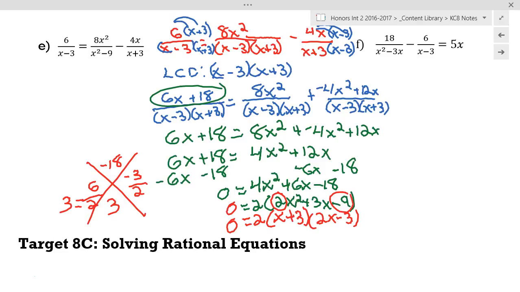Once I do that, it's just like switching from zeros to factors. I'm just changing the sign. So x equals, right, if it's x plus 3, x equals negative 3. If it's 2x minus 3, or negative 3 halves, I have to change the sign. It's 3 halves. Okay? So really you can just go even from here and go, okay, I know I just have to change the sign on both of those. X equals negative 3 and x equals 3 halves.